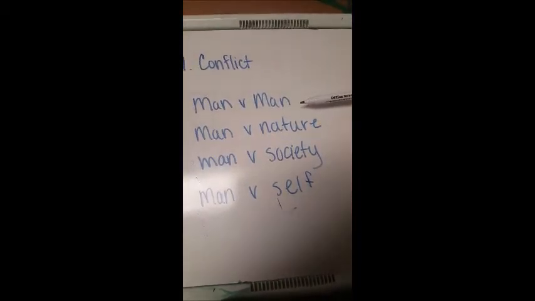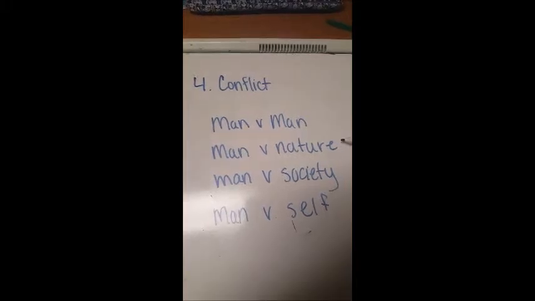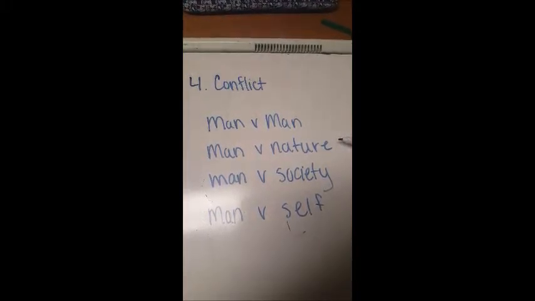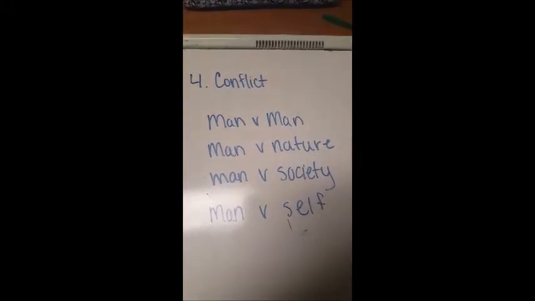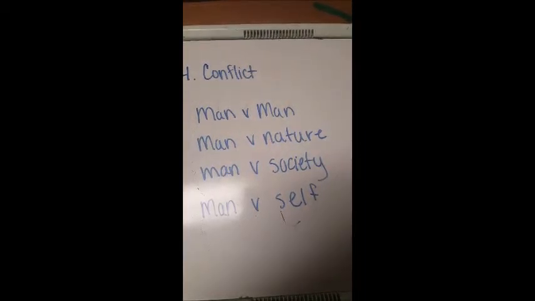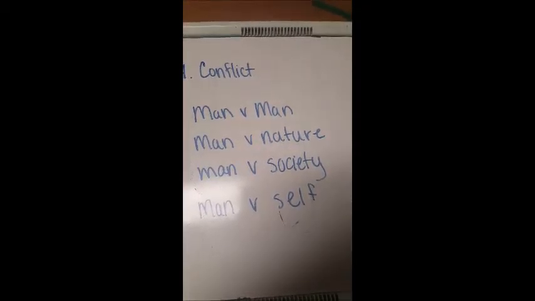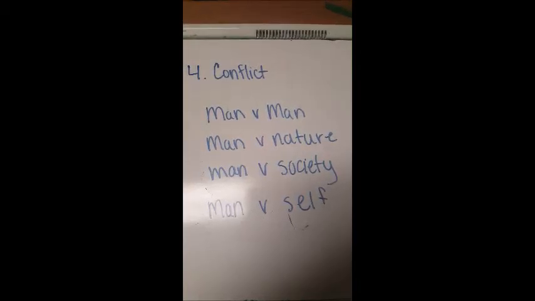So man versus man is when there's 2 characters butting heads. Man versus nature is the main character against any type of threats in nature. Man versus society is when someone's like an outcast and it seems that all of society is against them. And man versus self is an eternal struggle where the person is fighting to figure out who they are.